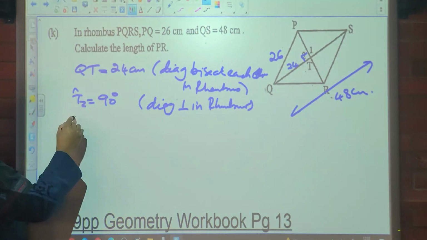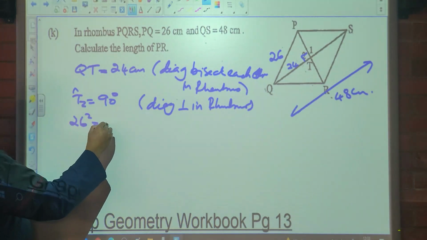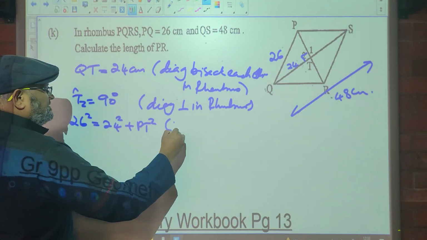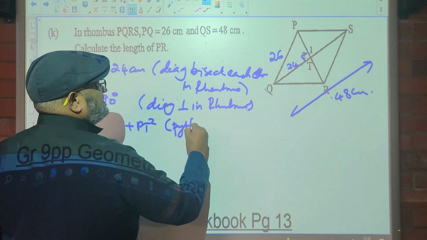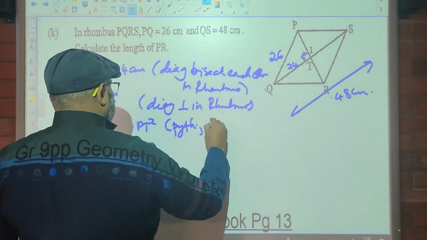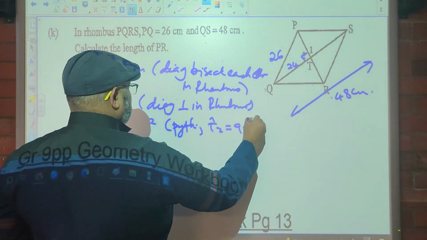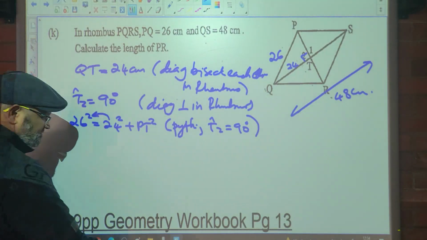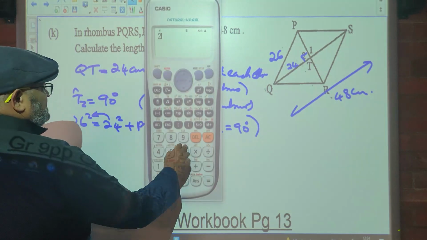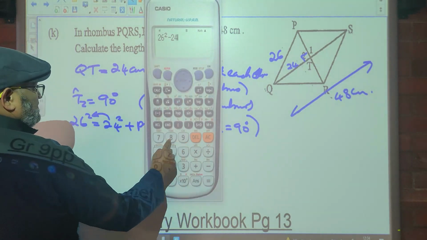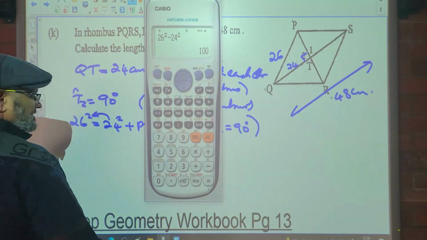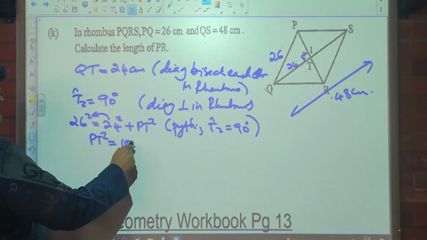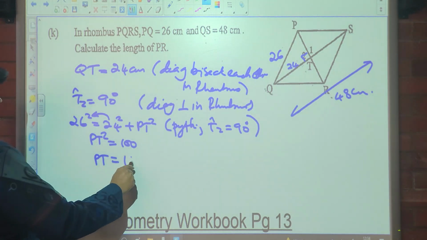According to Pythagoras, I can say that 26 squared is equal to 24 squared plus PT squared. So taking it over the equal sign, 26 squared minus 24 squared gives us 100. So PT squared is 100. The square root thereof is 10 centimeters.